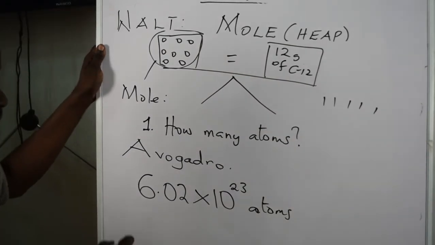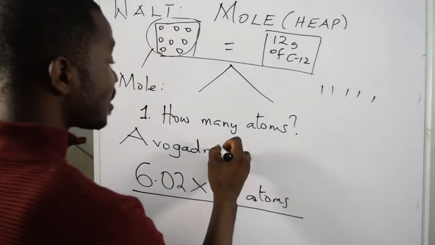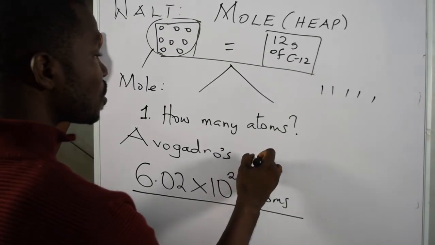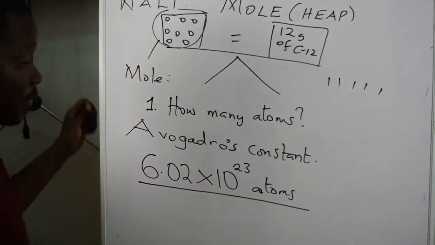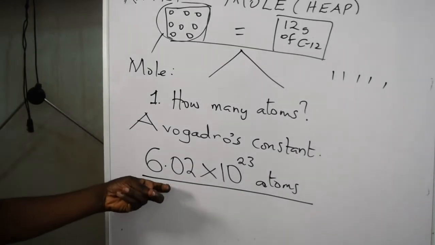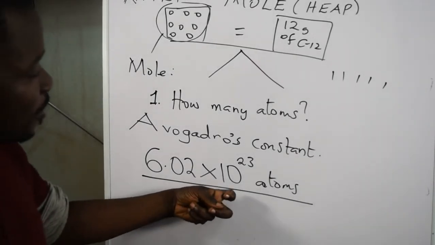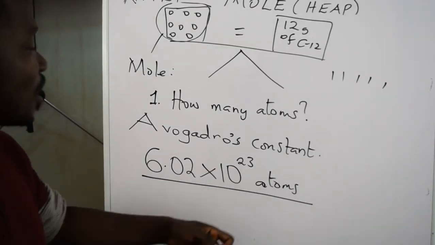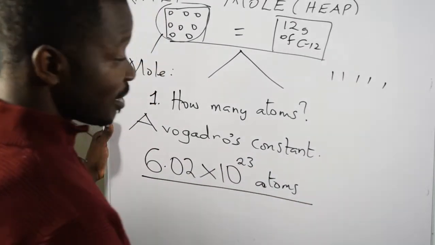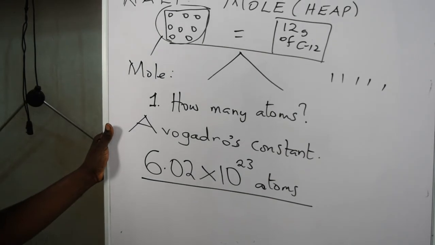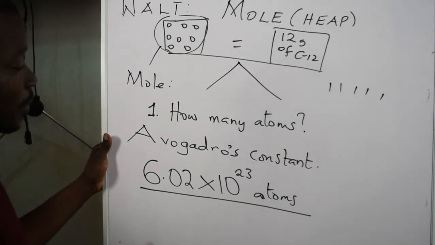So you remember that this was referred to as Avogadro's constant, or if this is your first time, then 6.02 times 10 exponent 23 atoms is also called Avogadro's constant.